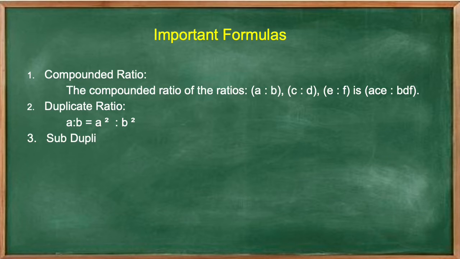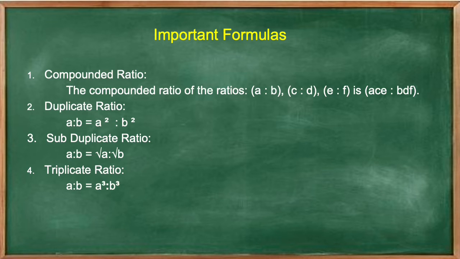Number 3, subduplicate ratio. A is to B becomes square root of A is to square root of B. Number 4, triplicate ratio. A is to B becomes A cube is to B cube. Number 5, subtriplicate ratio. A is to B becomes cube root of A is to cube root of B.